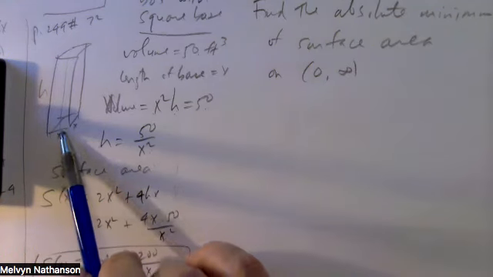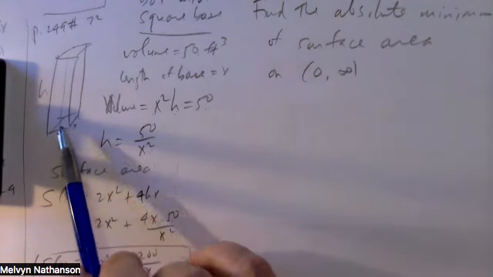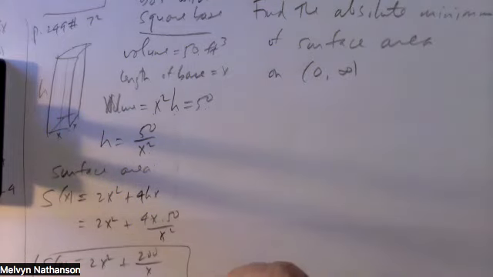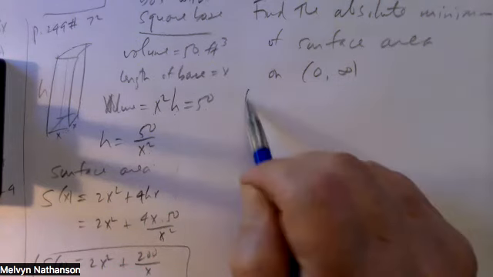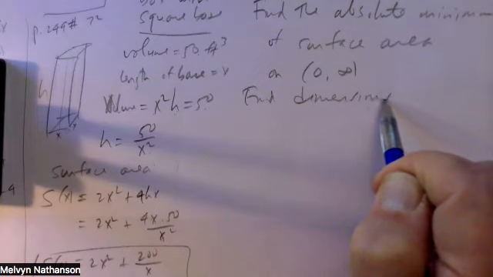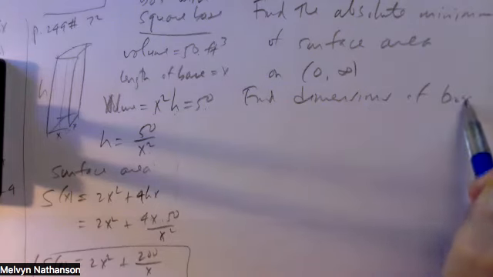So you look at all such boxes where the base has some positive length, and the surface area varies as a function of x. We want to know how small can the surface area be. And for such a minimum, find the dimensions of the box.